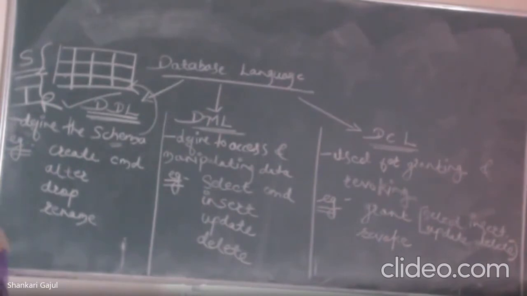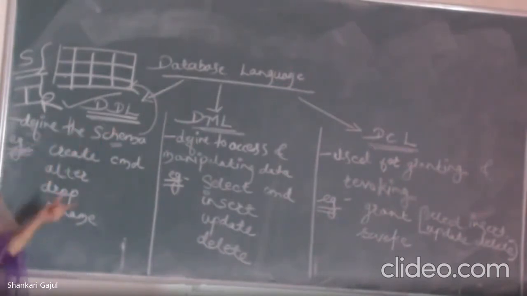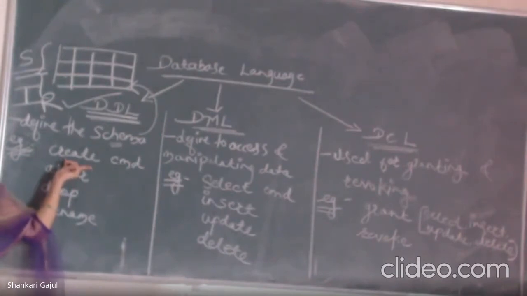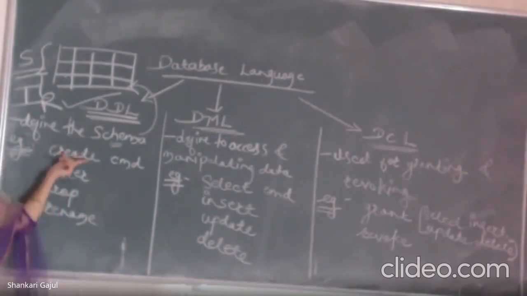For defining the database schema, a number of commands are used. The first command in data definition language is the create command. So what is that create command? The create command is used to create the schema or create the table.